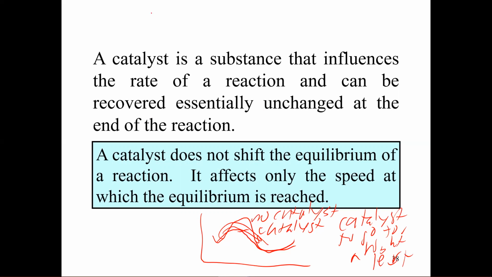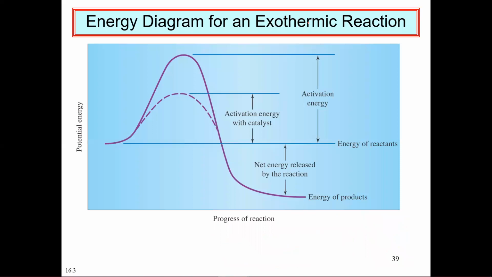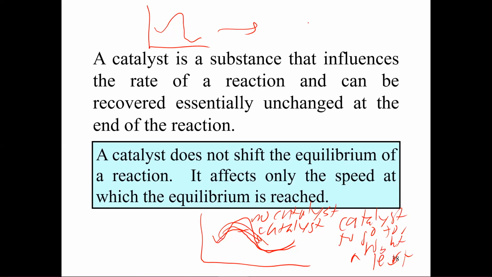So essentially you've got a curve that looks like this, and then you've got another one that looks like this, with another pathway. Essentially this is the same reaction, but now you can go back and forth better under those conditions.